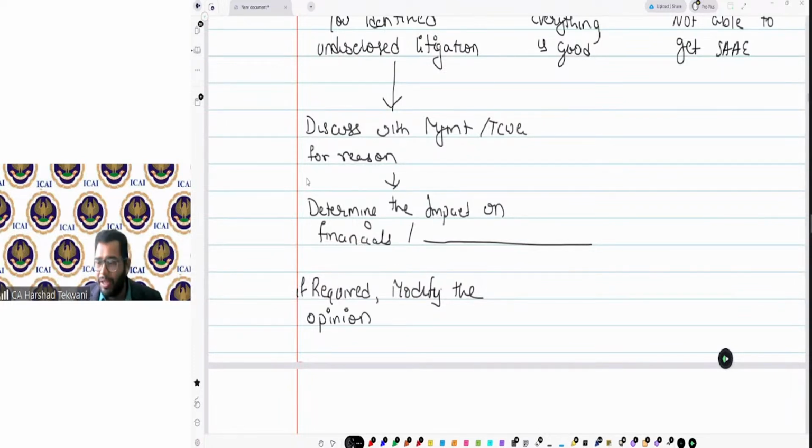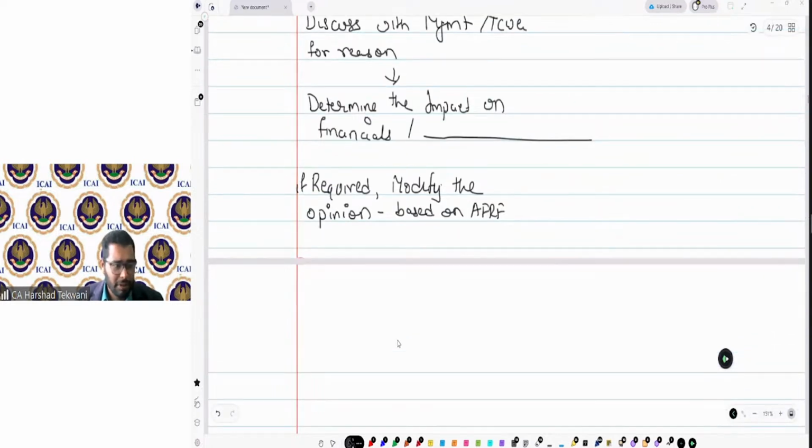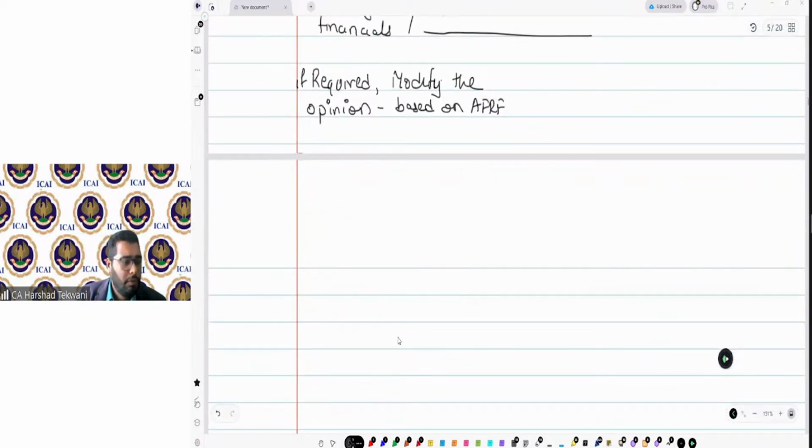If required, modify the opinion, based on disclosure requirements or reporting requirement based on the applicable financial reporting framework. If required to be reported and management has not reported, then modify the opinion. What else? Impact on going concern. Yes, very good.